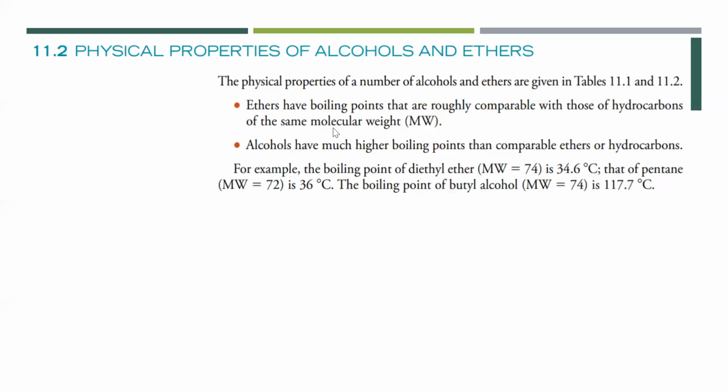So this is what is being said here, that ethers have comparable boiling points to that of our alkane. But when we try to compare ethers to alcohols, what you will see is that our alcohols would have a higher boiling point than our ethers.